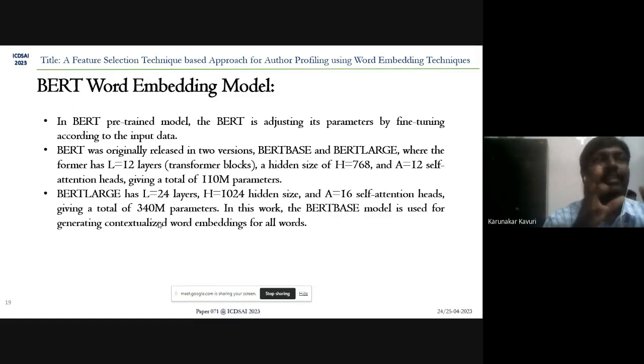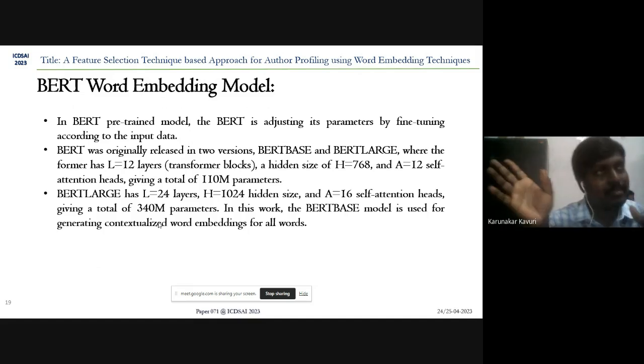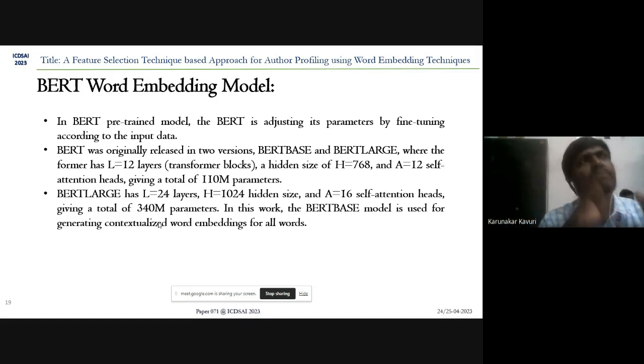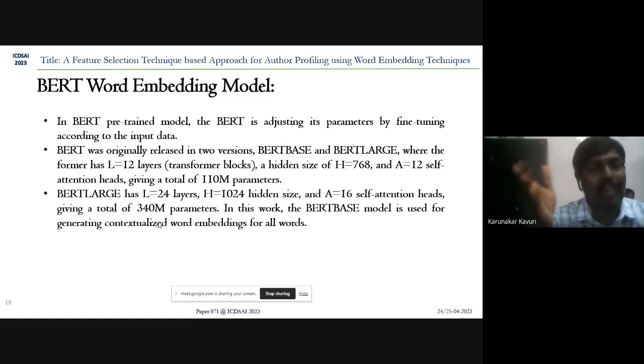BERT base gives 768 dimensions. BERT large gives 1024 dimensions. When you work with word2vec, there are only 300 dimensions. When I work with the BERT model, I experimented with only BERT base, the smaller one, 768. So automatically the number of values increases.